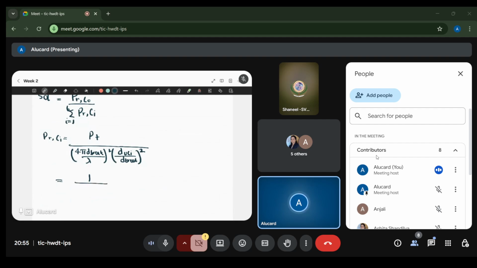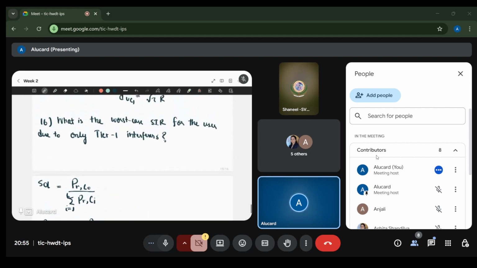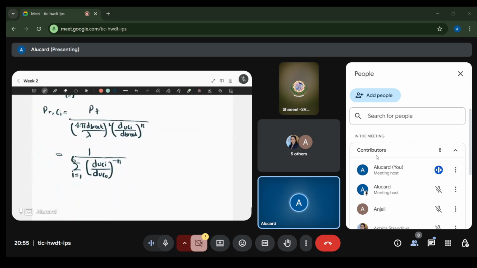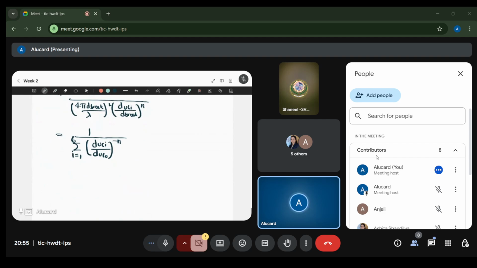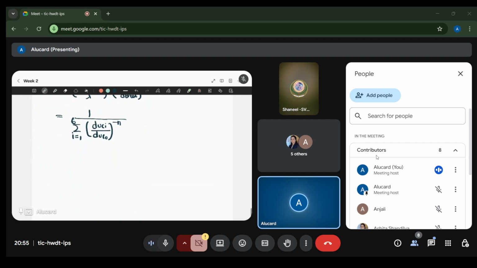So in the end, what is important is only what is left if you cancel the numerator and denominator, which is only the distance d_u,ci by d_u,c0 to the power minus n, where n is the path loss exponent. You do this, substitute, find d_u,ci for each of the co-channels and plug it in, and you'll get the answer.